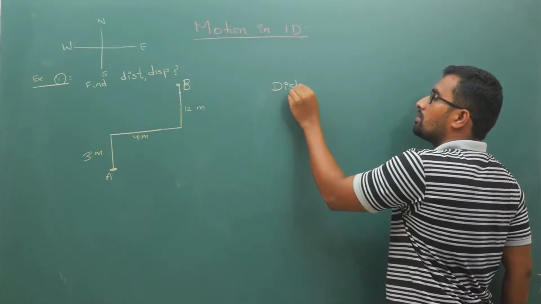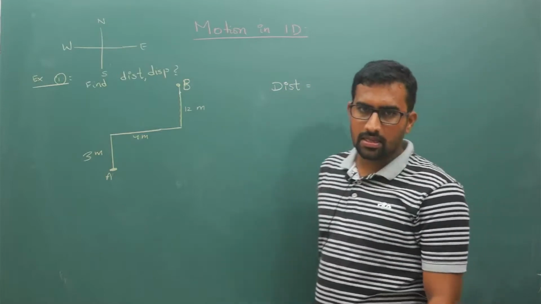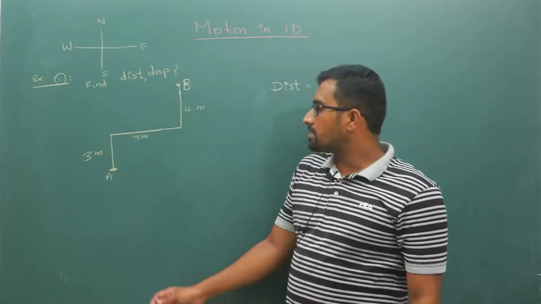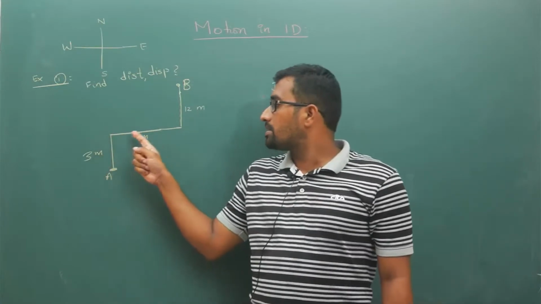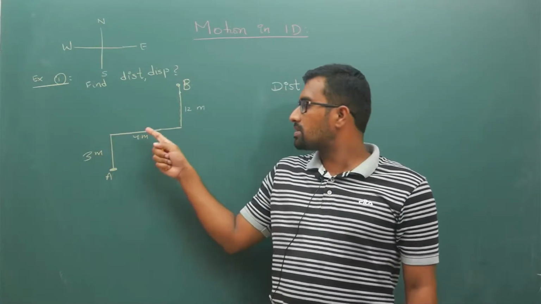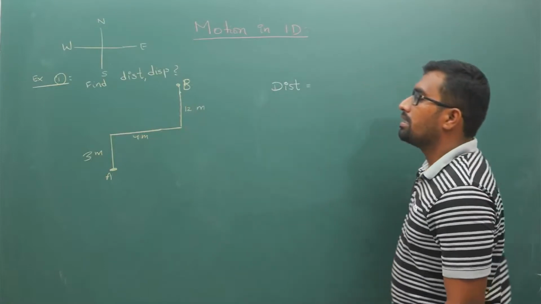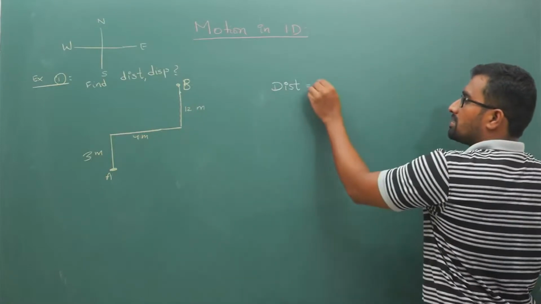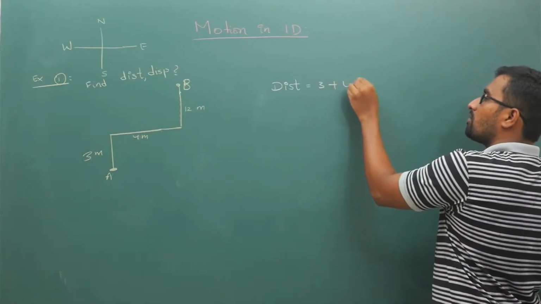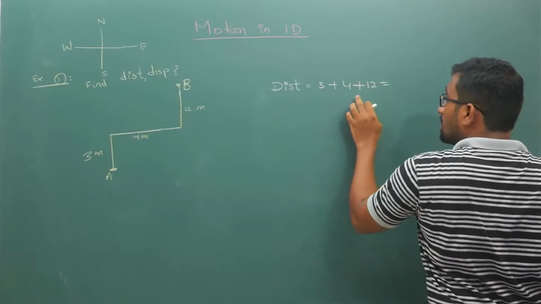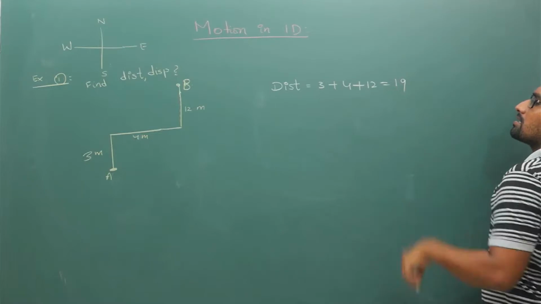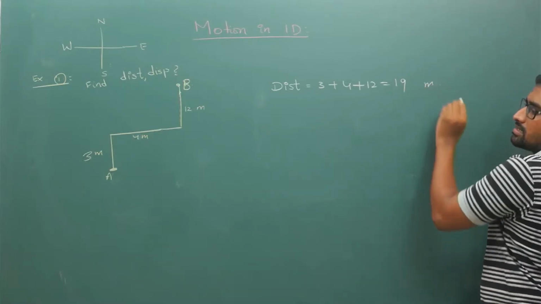I have told you, distance is the actual path covered by the body. From here to here the distance is 3, from here to here it is 4, 3 plus 4 is 7, 7 plus 12 is 19. So distance is 3 plus 4 plus 12, which is 19 meters.